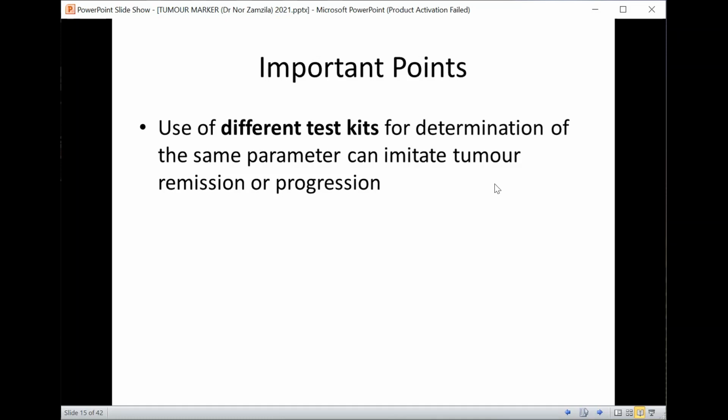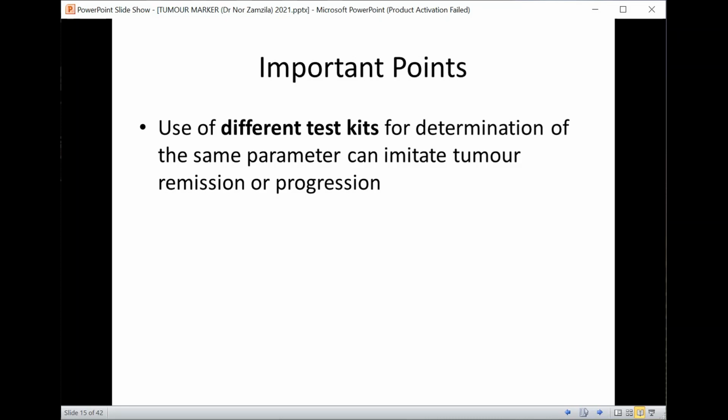So you cannot compare the results of tumor markers that use different methods or different analyzers, because that will give you a different result that may imitate tumor remission, if the level is lower, or tumor progression, if the level is higher. This commonly happens when I receive calls from some MOs saying that the results of this tumor marker are very different from the one in HTAA.